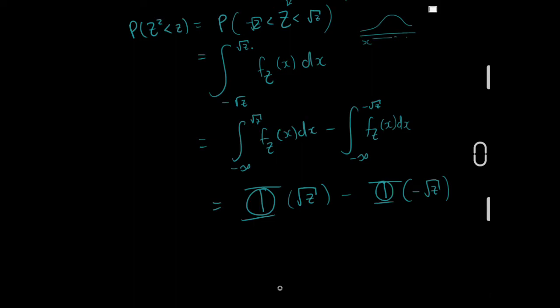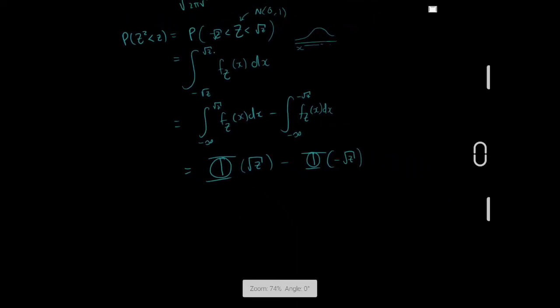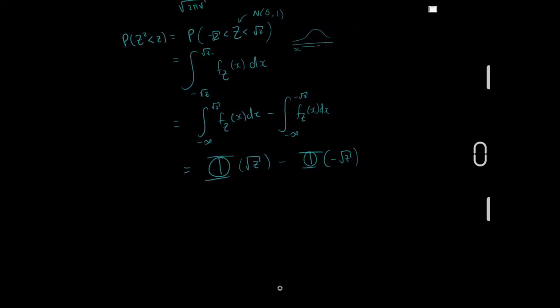Okay, now we need to manipulate this a bit. So this square root of z and negative square root of z, right? If we think about a normal distribution, we need to remember that it's symmetric about 0, because it's the standard normal.